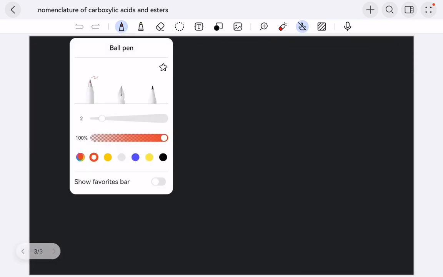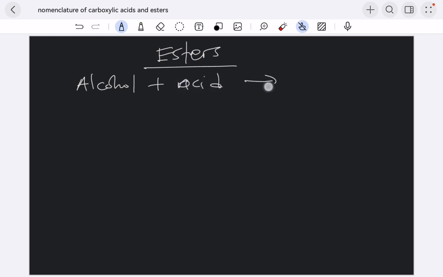Let's quickly look at esters. So what are esters? Esters are compounds that are formed when an acid reacts with an alcohol. So when an alcohol reacts with a carboxylic acid, they produce what we call an ester.